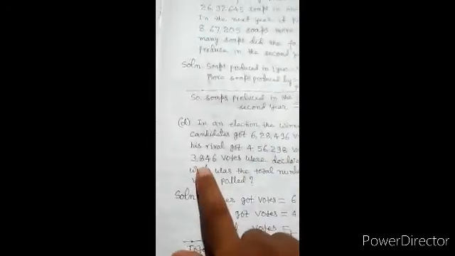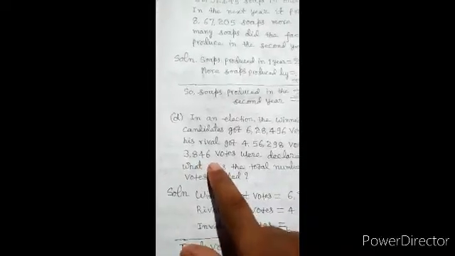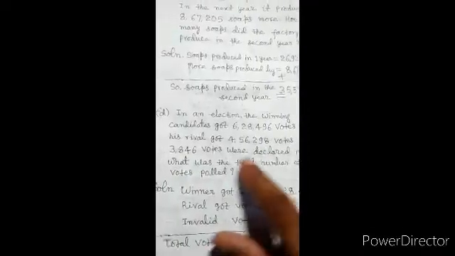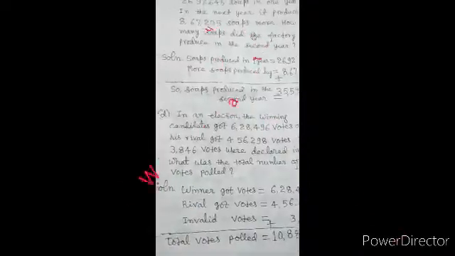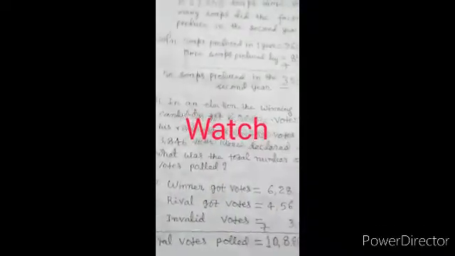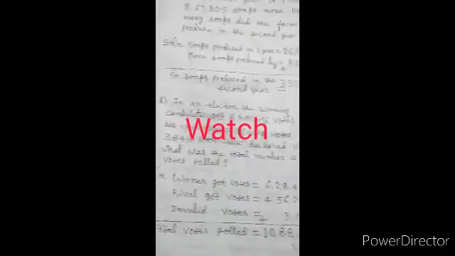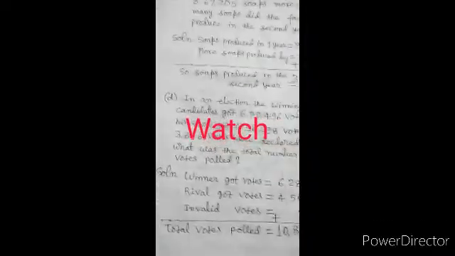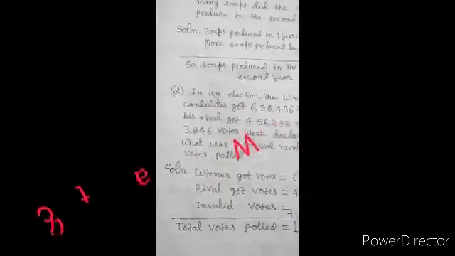If 3,846 votes were declared invalid, this is also polled vote. What was the total number of votes polled? We need to add all these votes, because all these votes are of different kinds, but they are polled.